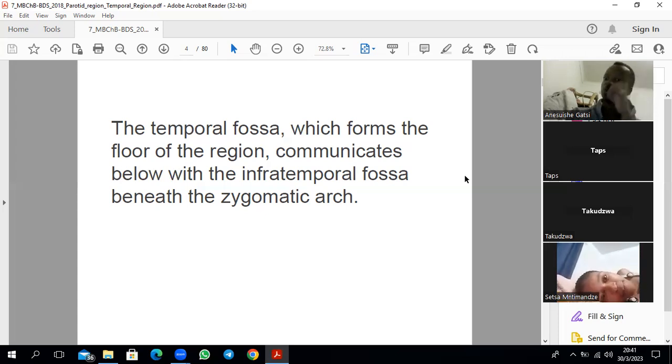Right. So this temple is not really part of the scalp, but is quite separate. And the floor for that temple is what we call the temporal fossa.